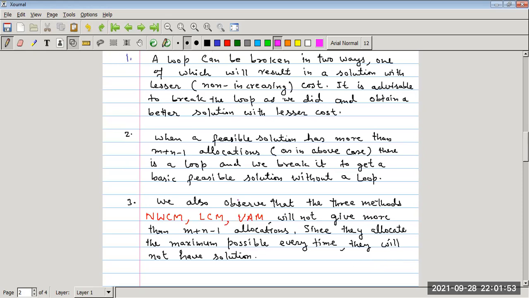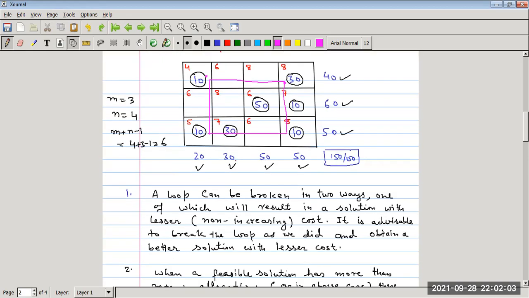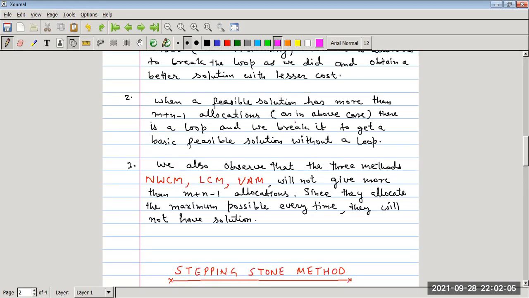Second point is, when a feasible solution has more than m plus n minus 1 allocations, as in our above example, there is a loop. We have already discussed this, because we have more than m plus n minus 1 allocations.